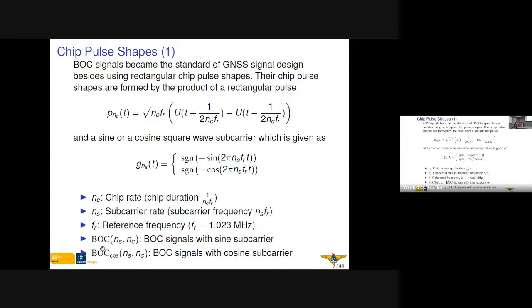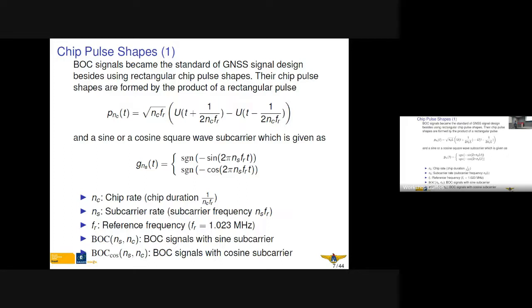We can then define BOC sin NS NC, which indicates BOC signals with sine subcarrier, and BOC cos NS NC, which indicates BOC signals with cosine subcarrier. You can also find this writing in the literature a lot about GNSS signals.